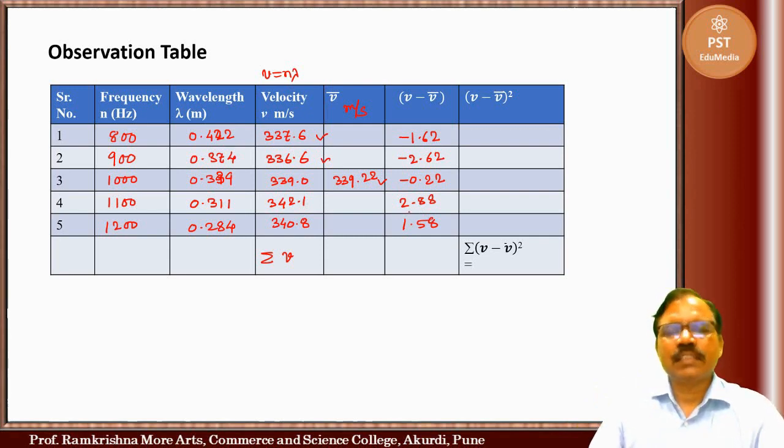Square of this means if we square minus 1.62, we will get 2.6244. Then we will get here 6.864.